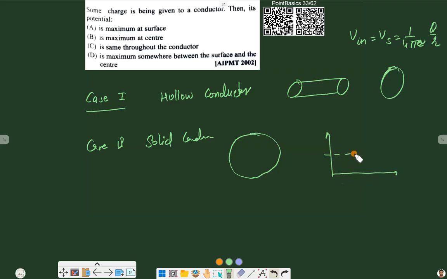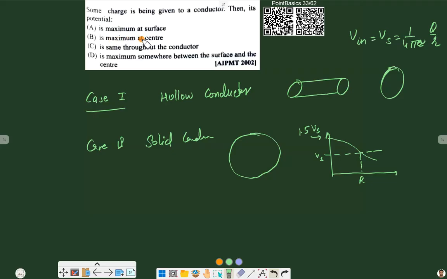This is the potential at the surface, Vs. So the actual potential lies something like this. This is the surface point or radius, and this value is equal to 1.5 times the surface potential. So in that case, option B will be the right answer, that it is maximum at the center.